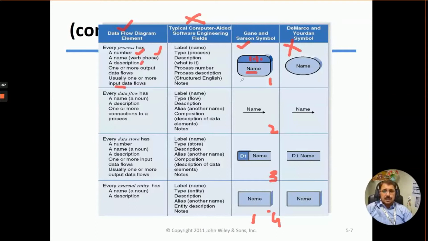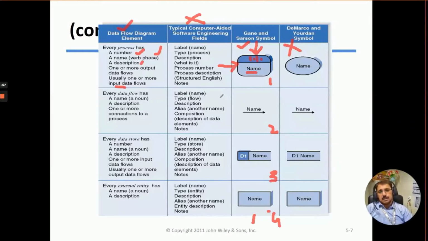So a process, as we discussed, cannot start without any input. There must be some input to it, and the input mostly comes from the left or from the top. This is a general practice, okay. It can come from the bottom also, it can come from the right also.